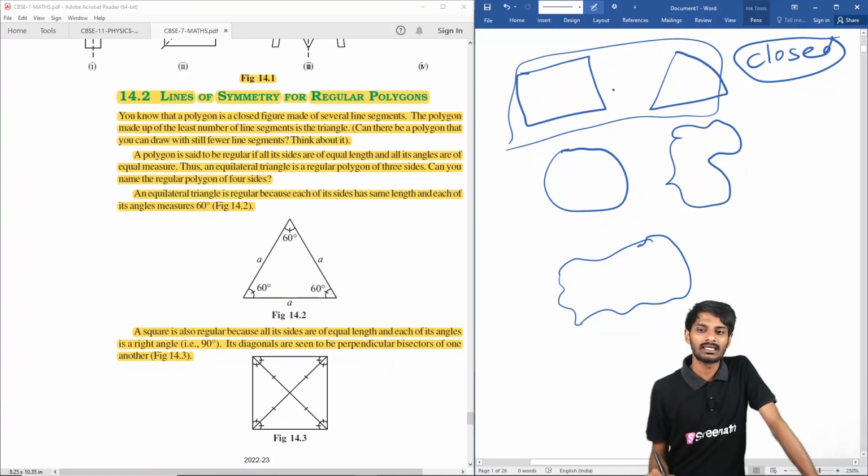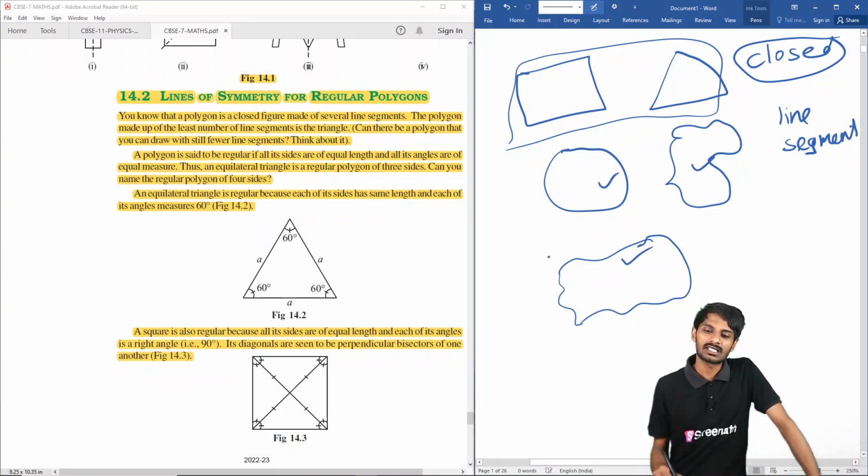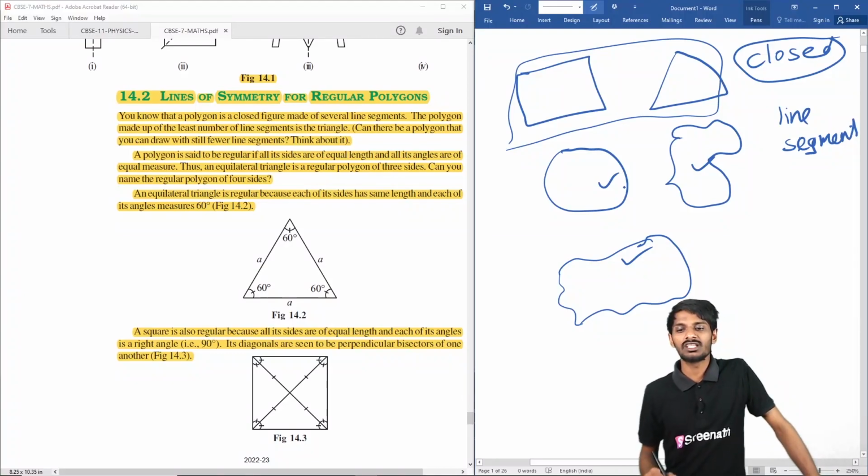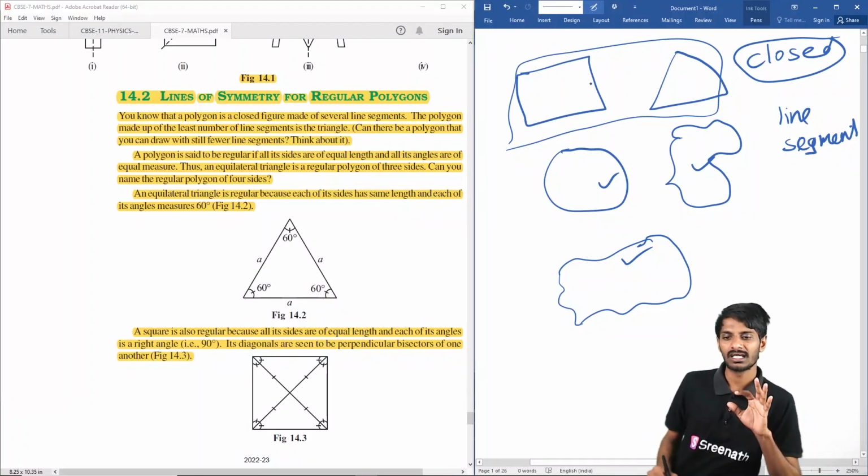Here, the boundaries are line segments, straight lines. But here, the boundaries are not line segments, they are curves. So the difference between these two groups is that these are closed figures having line segments as their boundaries, and these are closed figures having curved boundaries.